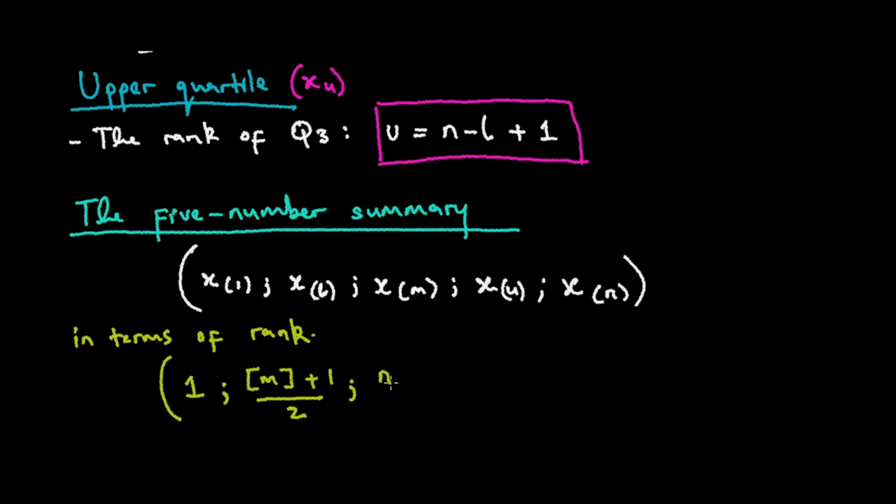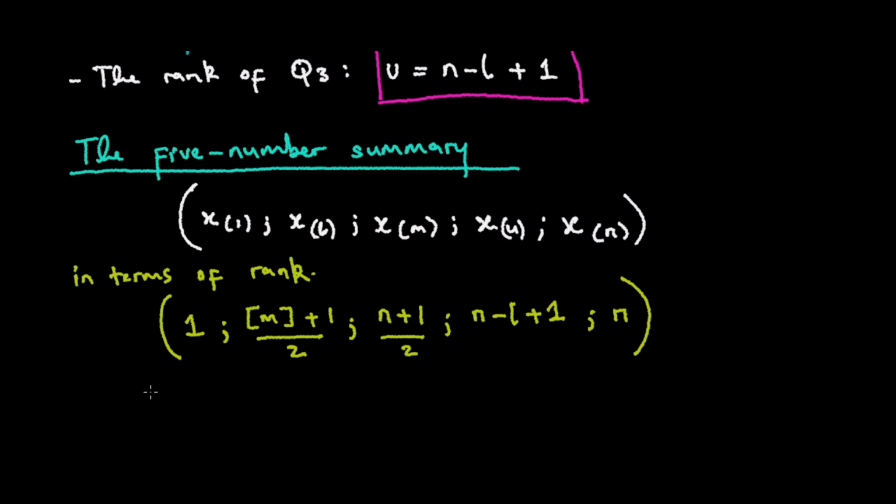For the median, the rank is n plus 1 over 2. For the upper quartile, remember, the rank is n minus l plus 1. Then lastly, for the maximum, the rank is n. So the U written here is the U we got here. Okay, so you can remember that here we were saying L, this one is L, which will work here, isn't it. Then remember that here this is m, then this one is U.